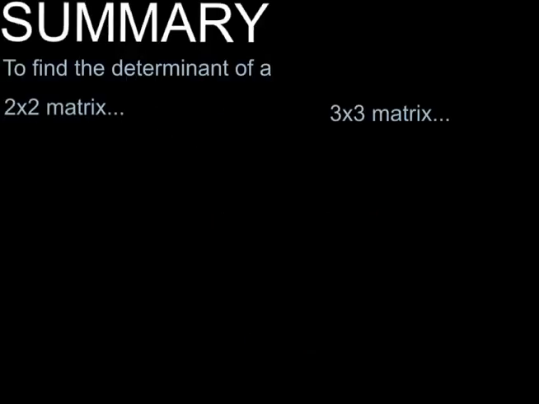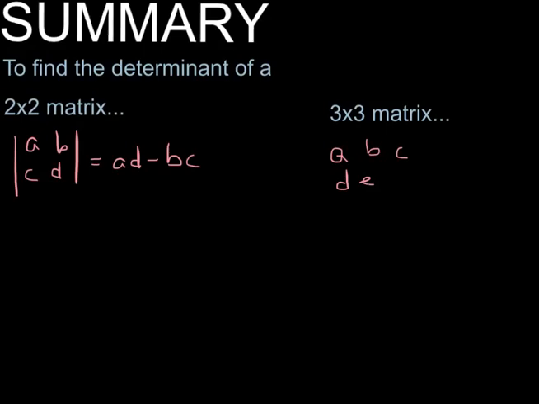So if we want to find the determinant of a 2 by 2 matrix, we find the product of A and D and then subtract the product of B and C. For a 3 by 3 matrix, we rewrite the matrix and copy the first two columns again.